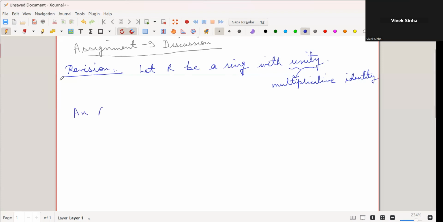An R module, here we are defining a left R module, so I'm writing left in brackets.